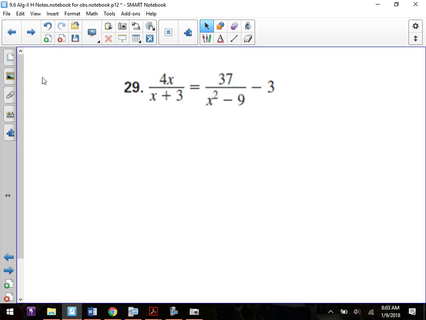You just write whatever the value is. So the first fraction needs an x minus 3. Middle fraction didn't need anything. And the third fraction needed the x minus 3, x plus 3. So I'm just going to write it like that.